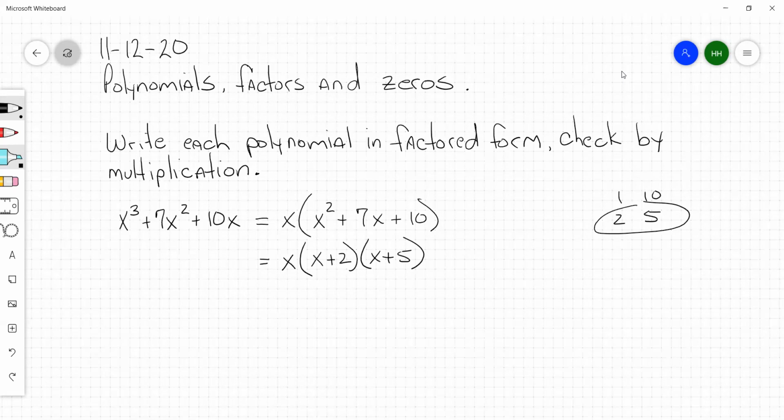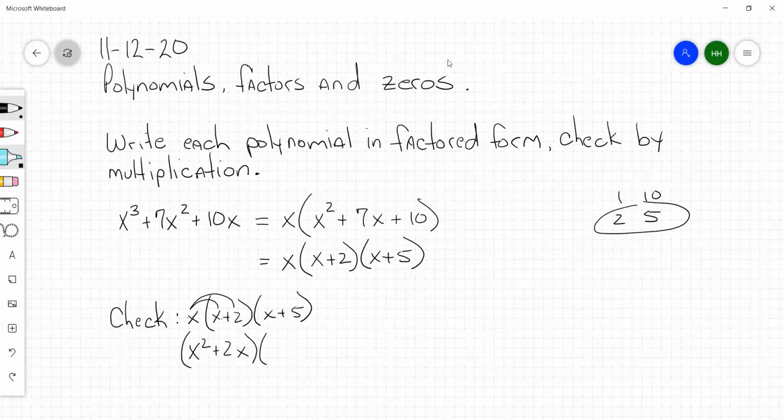Now, to check this by multiplication, you would take your factored form and multiply it out. Here's your check. We got x times x plus 2 times x plus 5. And if you distribute this x first, your x times x is x squared, and x times 2 is 2x. And you've still got to multiply that by x plus 5.